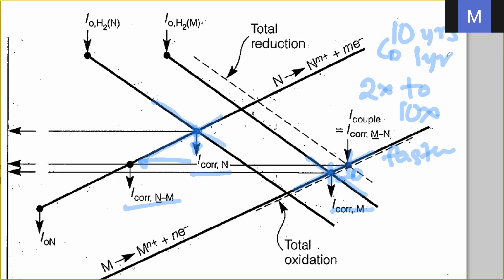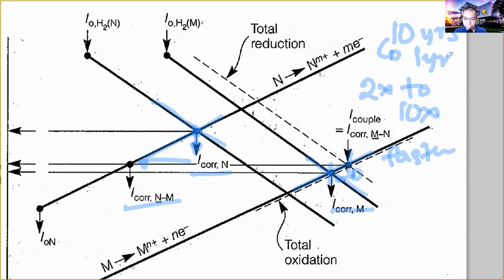I-clarify ko lang po kung nagets ko. So, yung individual na total corrosion for M and N is the intersection ng total corrosion potential sa individual na anodic polarization curve. Wait, what? Sorry. So, di ba sir, meron tayong total na corrosion potential. Yes.